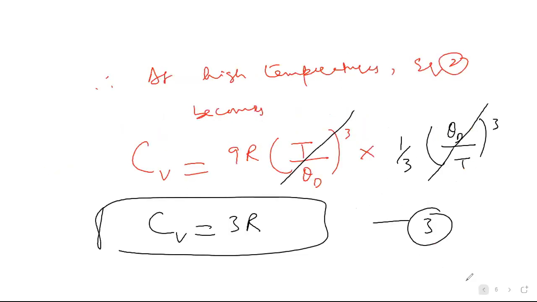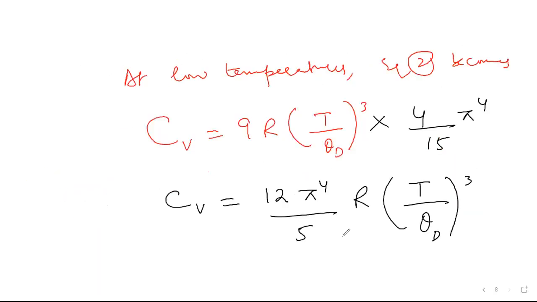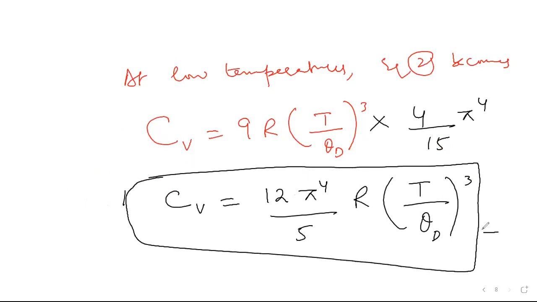Let me name it, this is my equation 4. 9, 3 5s are 15, then 3 times 4 is 12, and in the denominator you have 5, so you get 12 by 5 pi^4 R (T by theta D) cube.